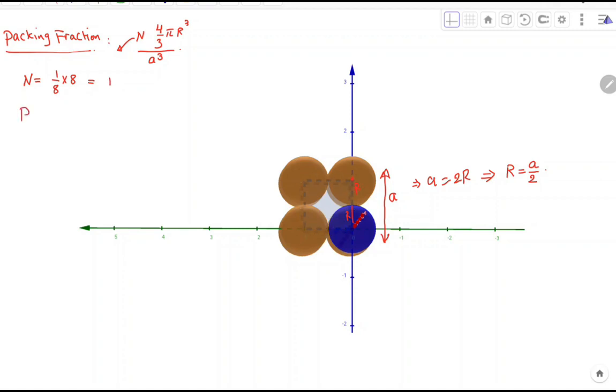So the packing fraction is n, in this case 1, times 4/3 pi r cubed, where r is equal to a over 2, so (a over 2) cubed divided by a cubed. If you simplify this, you will get the packing fraction for the simple cubic crystal equal to pi over 6, or 0.524.